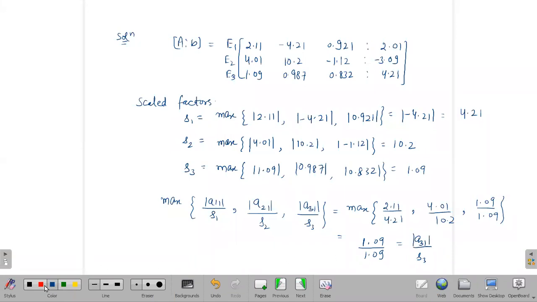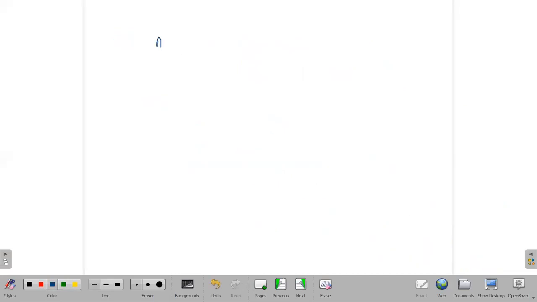So you have to interchange the first row with the third row. So now it will be 1.09, 0.987, 0.832, 4.21.